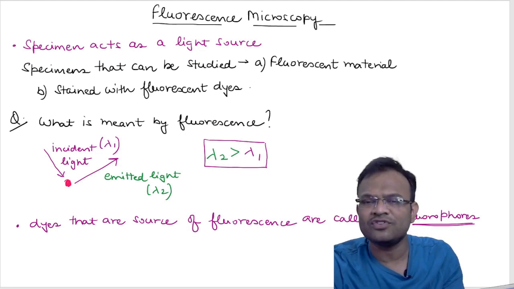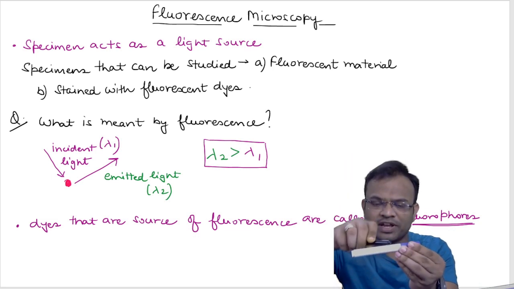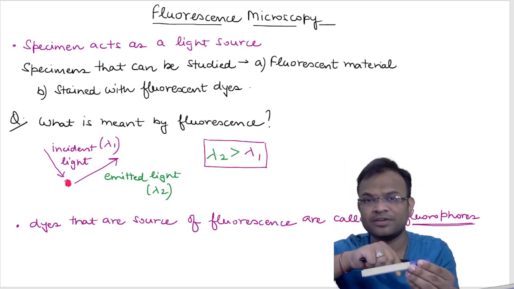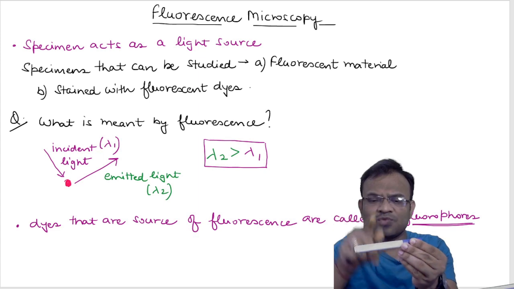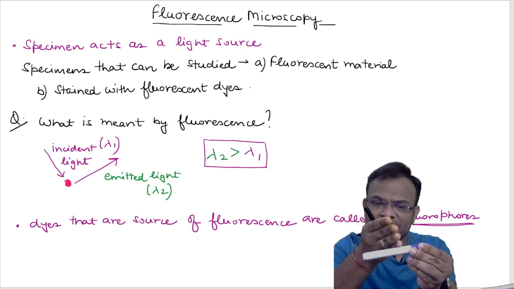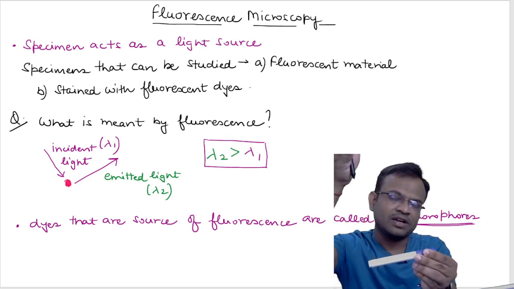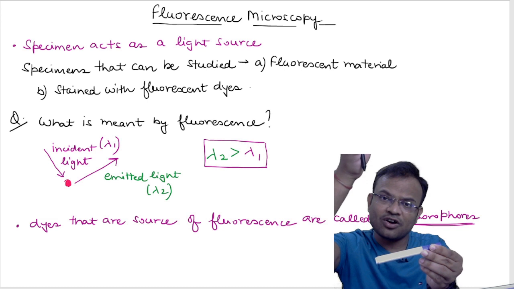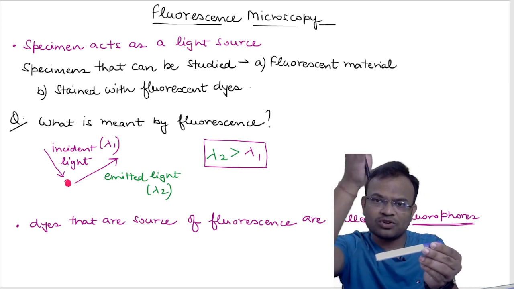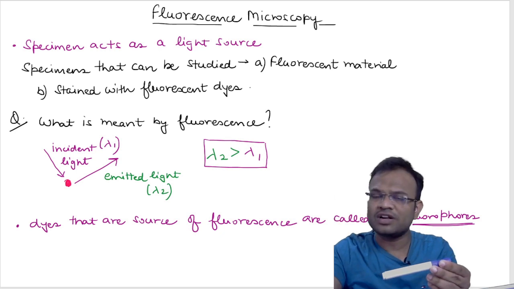Of course, you would understand this pretty clearly, because the light that is falling over here is higher in energy, and then some energy would be absorbed by this object, and only then the electrons will be jumping to the higher orbital. Now when the electron comes down to the ground state, the energy that is released is called fluorescence.